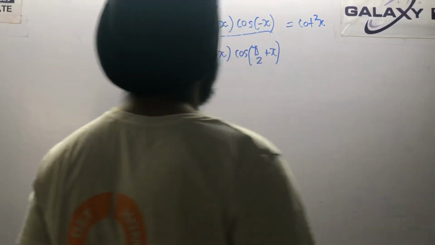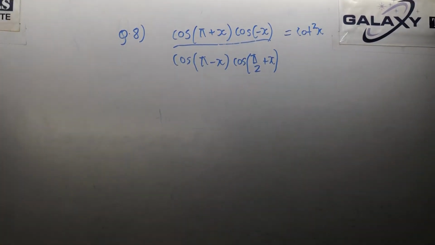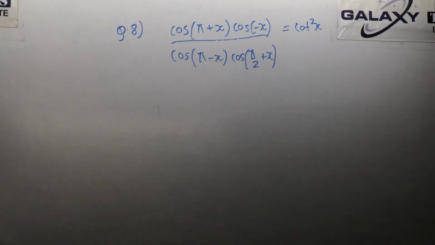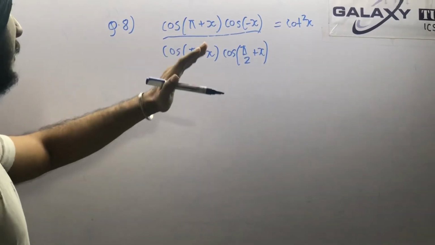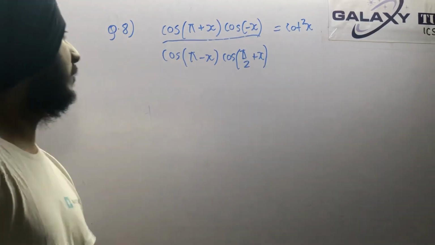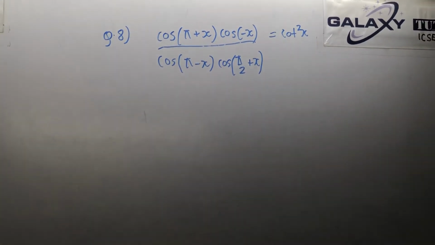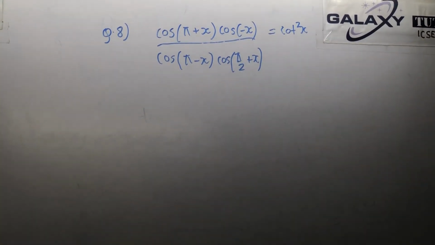So as I was saying, this is a pretty simple question. All you have to do is find the value of cos pi plus x, cos pi minus x and cos pi by 2 plus x. I have shown you one method before.